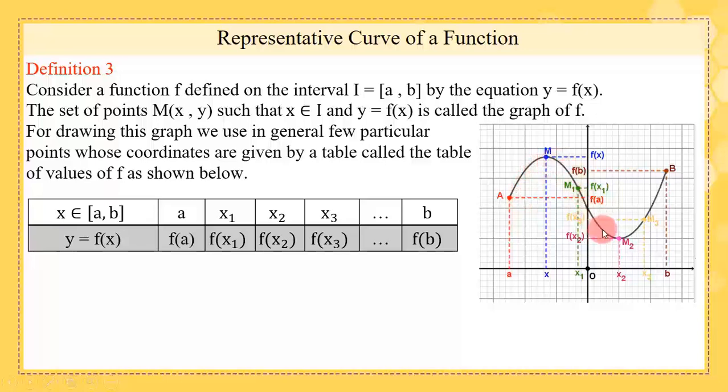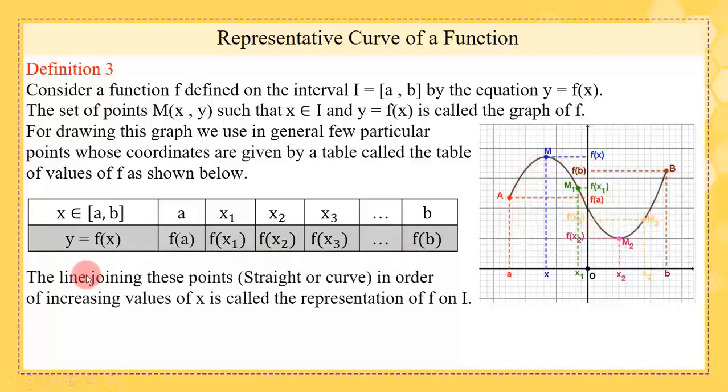After locating several particular points, the line joining these points in order of increasing values of x is called the representation of f on I. After locating the points, when we want to join them, we start from increasing values of abscissa. So we start from the smaller abscissa to the greater one.